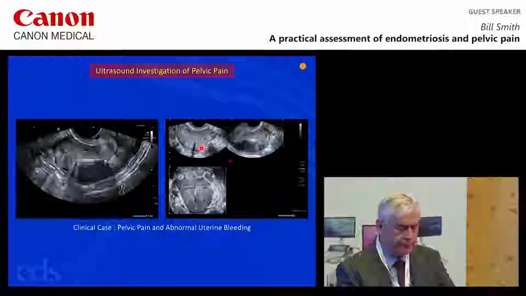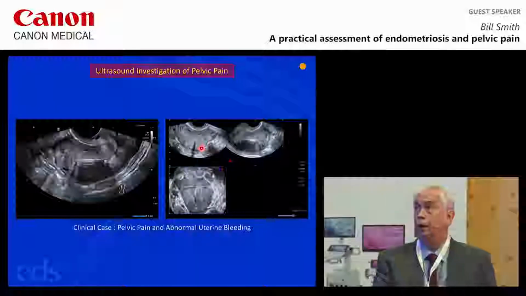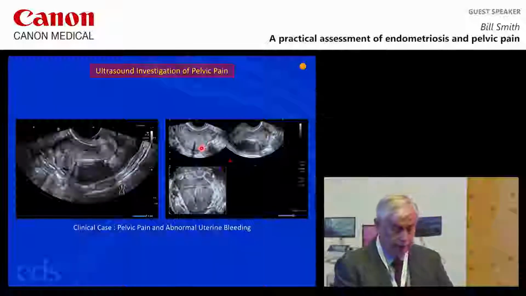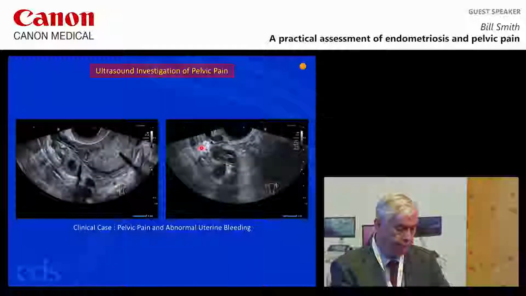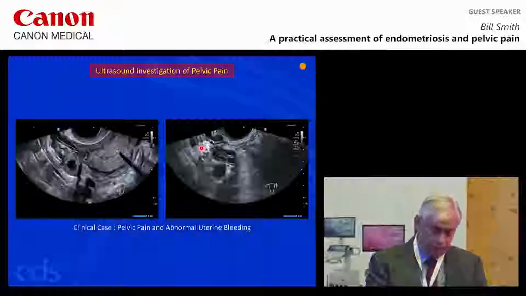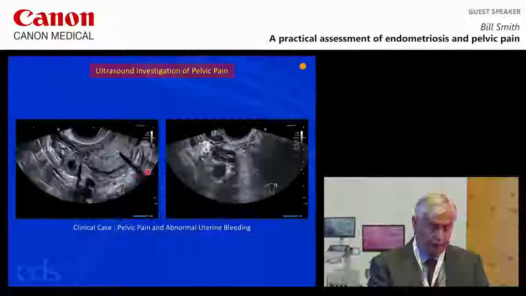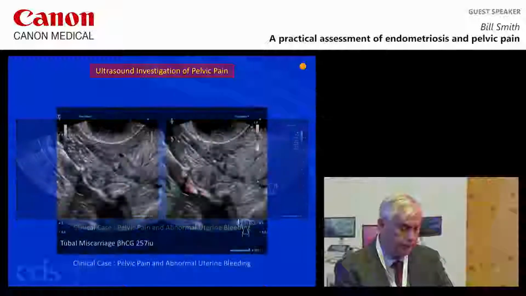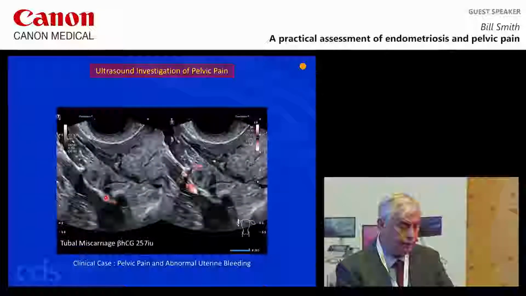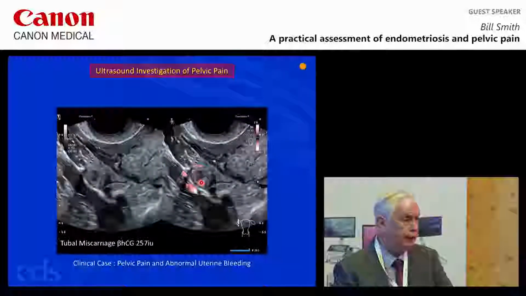If we look at this case, there's an obvious Mirena IUS there. And here's one ovary, here's the other ovary, clearly seen. But if we look at the right adnexa, we can see that lesion there.